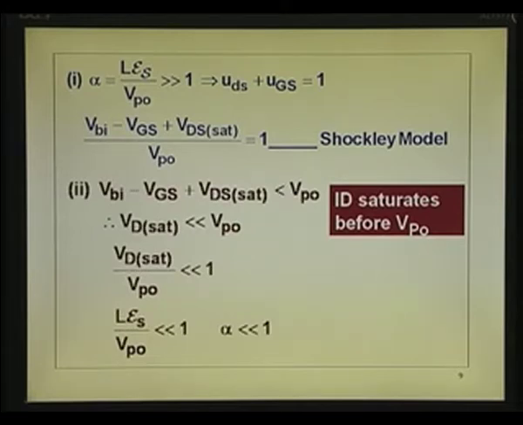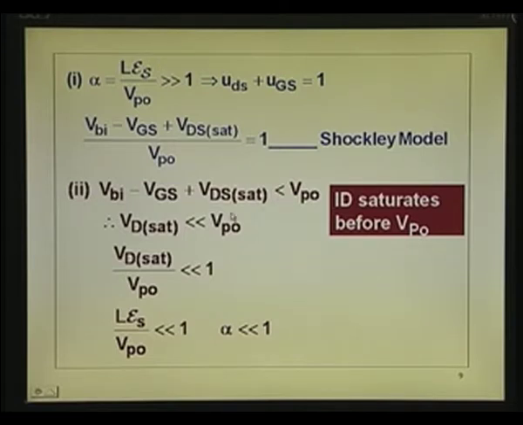The other condition, see, if this becomes equal to 1, that is Shockley's condition. If this term, when the voltage reaches saturation, it is less than VP 0, the channel is not closing down. So, if this is less than VP 0, VD sat alone will be even less than VP 0. See, VD sat plus some quantity is less than VP 0.